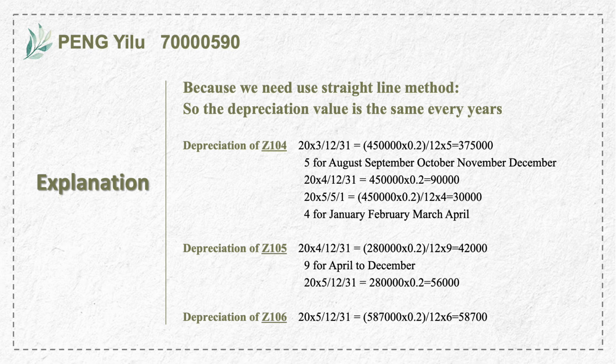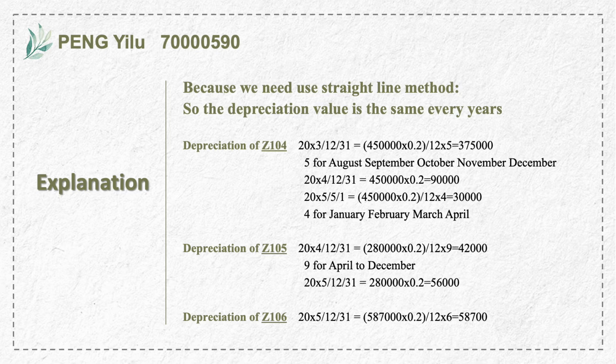Now I will give you an explanation about question 1. Because we use the straight-line method, the depreciation value is the same every year. Depreciation of Z104 at 31 December 20X3 equals 450,000 times 0.2, divided by 12, times 5, which is 37,500. 5 for August, September, October, November, and December.